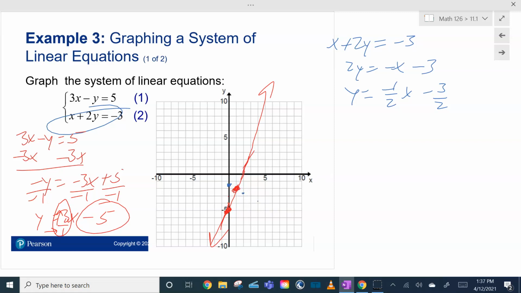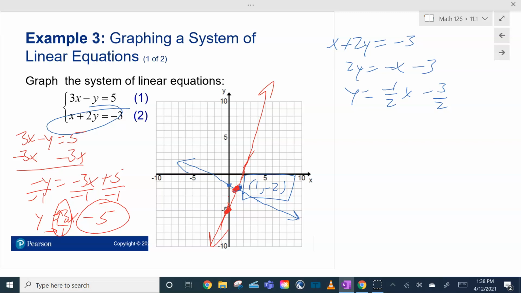Down 1, right 2. So it looks like these two intersect at that point, 1, negative 2, right there. That appears to be the solution here for this consistent and independent system.